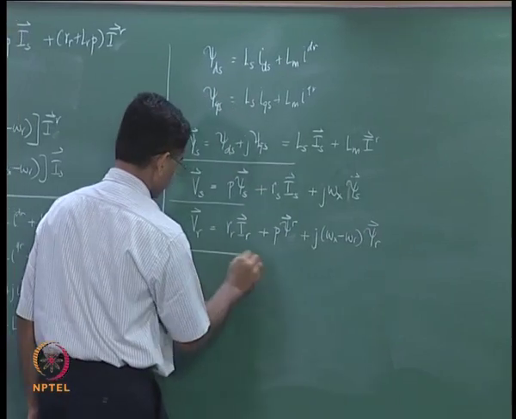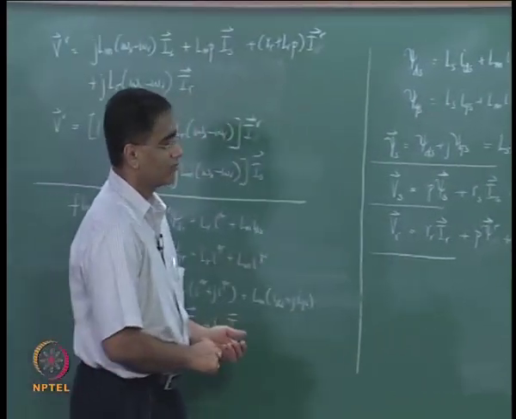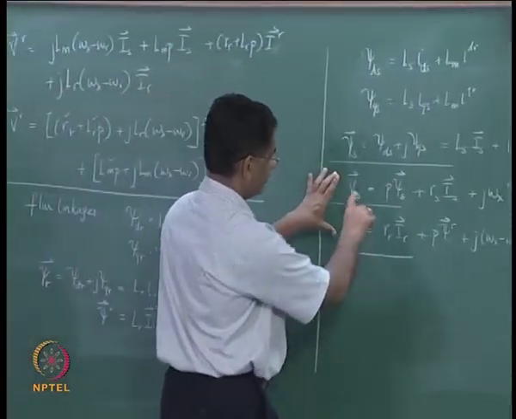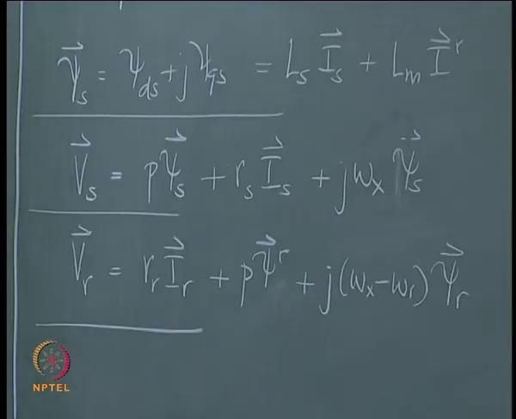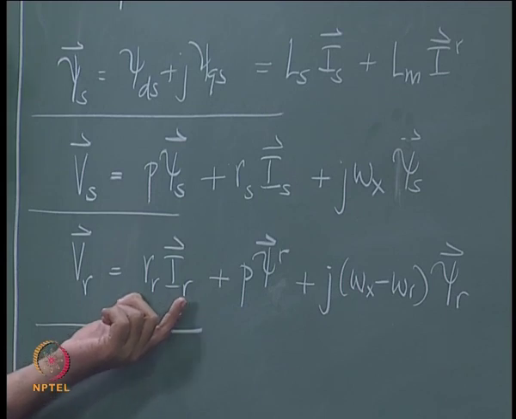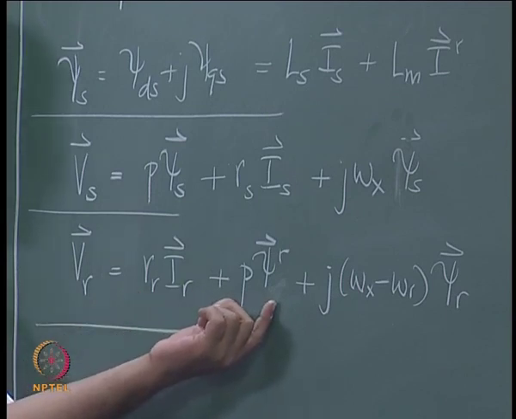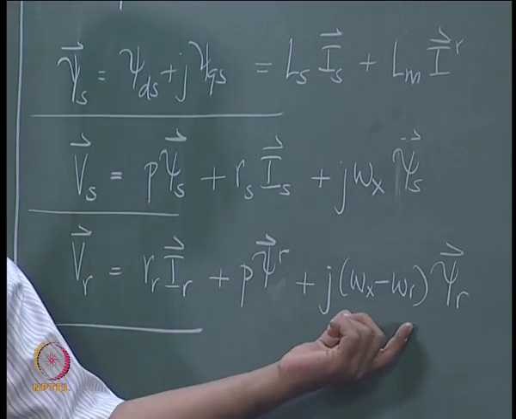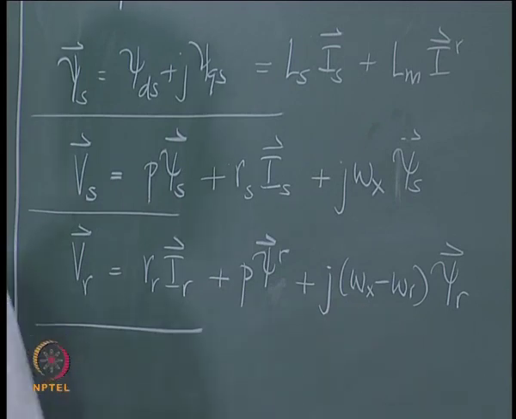So we had a huge equation earlier, and all that has been compressed into neat forms as shown. This says that the applied Vr consists of a resistive drop plus a differentiation with respect to time of the flux linkage in the rotor, and also a speed EMF which arises due to rotation.